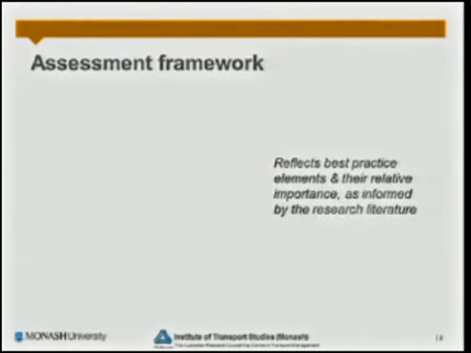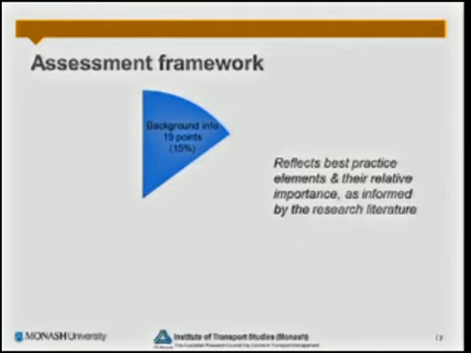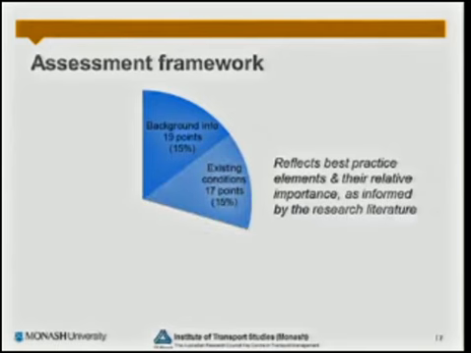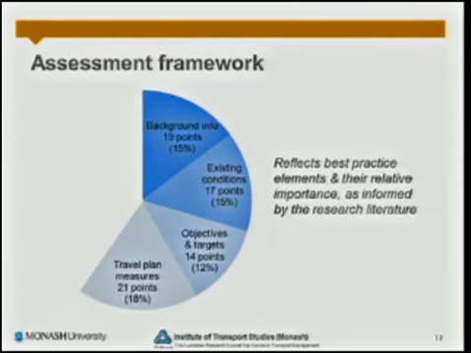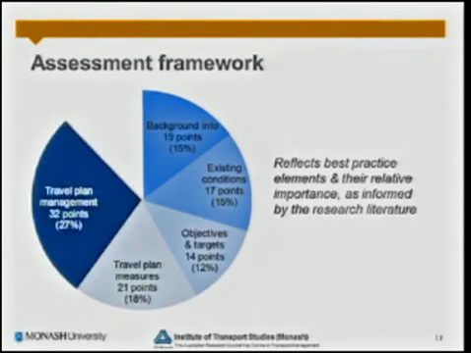To outline the assessment framework, there were a number of components. The first part, which took up about 15% of the assessment, was background information about the site and the development, information about the existing conditions in the local area, what were the traffic conditions in the local area, public transport access, access to cycle paths and the like, whether the travel plan included explicit objectives and targets, whether it documented the measures that were going to be employed in the travel plan.